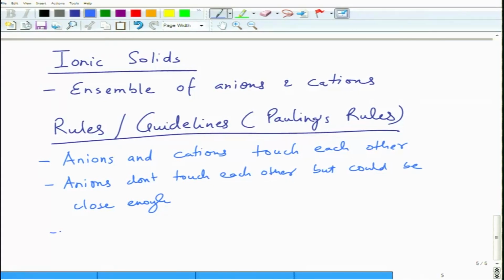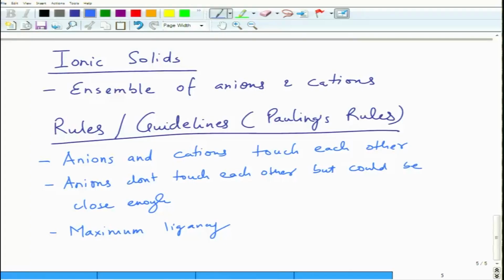And to minimize electrostatic energy, there should be maximum ligancy. Maximum ligancy means that each anion or cation should have the maximum number of neighbors. The coordination number should be as high as possible, so that your electrostatic energy is minimum. And that makes sense.